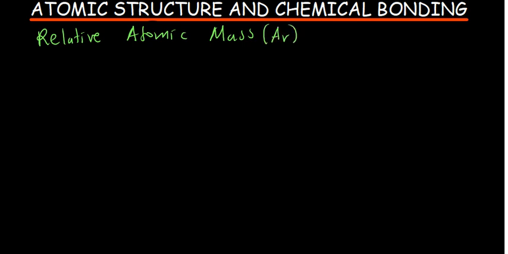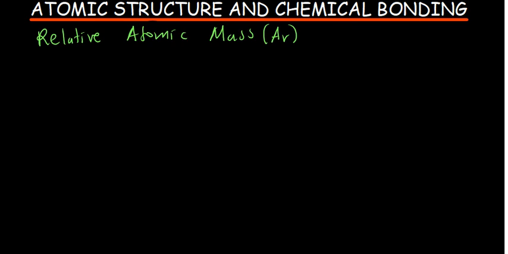So here also we need to understand what is called relative atomic mass. Now, when we are talking about relative atomic mass, the symbol is A with a small r. Relative atomic mass is simply the number of times that the mass of one atom of the element is greater than 1 over 12 of the mass of an atom of carbon 12.